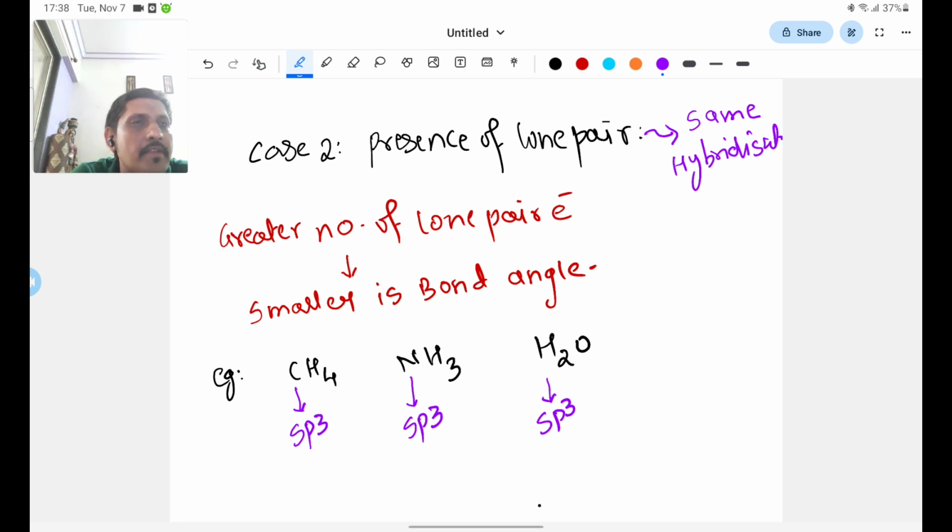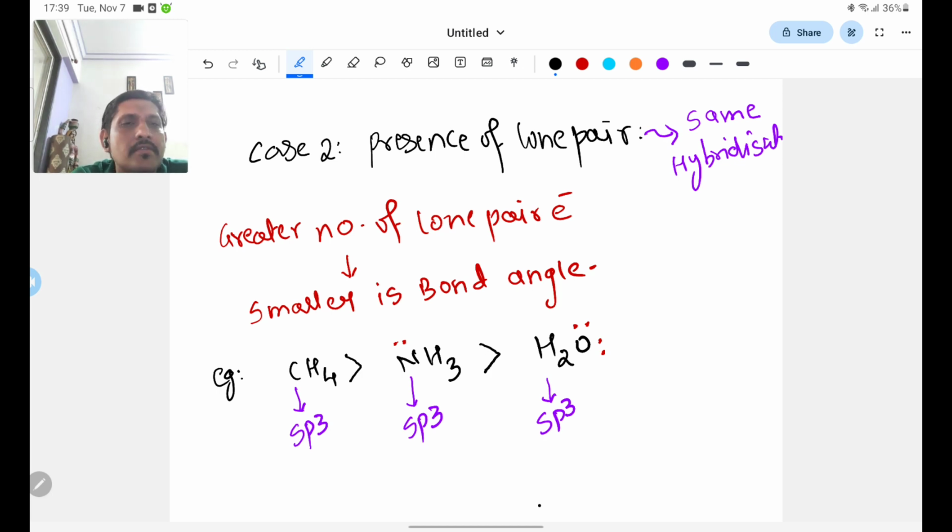So there comes the presence of lone pair. Now if you see ammonia molecule, in ammonia there is one lone pair present on the nitrogen atom. In water there are two lone pairs present on the oxygen atom. In methane the central atom carbon has no lone pair. So in this case, as the number of lone pairs increases, the bond angle gradually decreases.